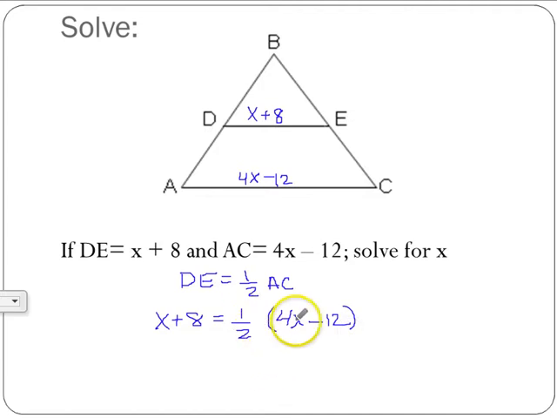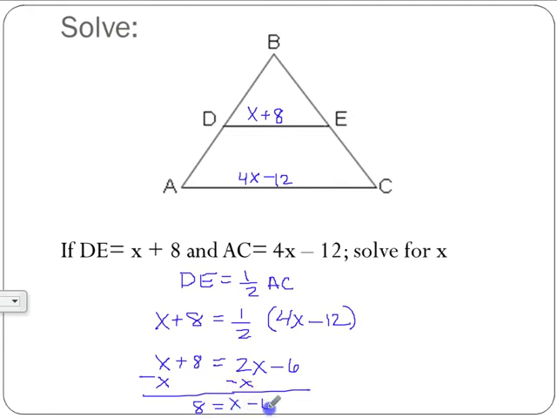I'm going to clean up the right side of that equation. We're multiplying each term by 1/2. So 1/2 of 4x is 2x, and 1/2 of negative 12 is negative 6. That way I get rid of the fraction in there. Then we can finish solving for x. I'm going to subtract x from each side, and then I get 8 equals x minus 6.